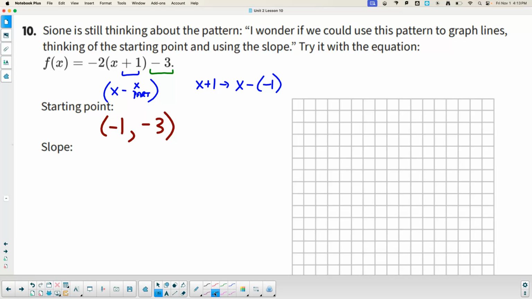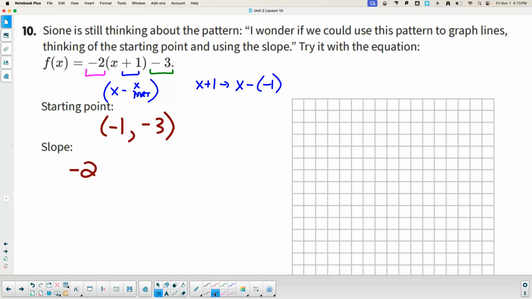So it looks like +1, but when I go to use it, it's -1. And then the slope, the rate of change, if you will, comes from the number out in front of the parentheses, so that's -2.